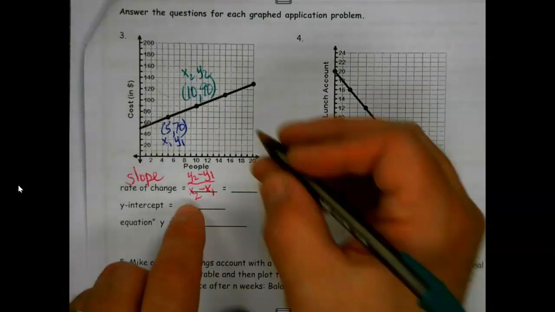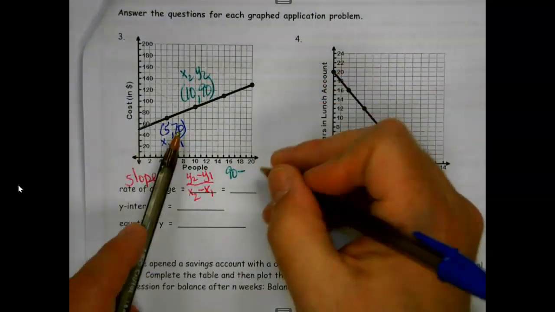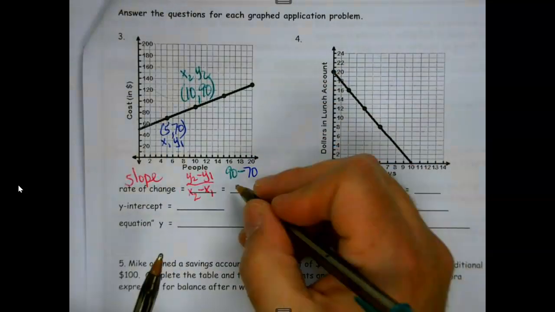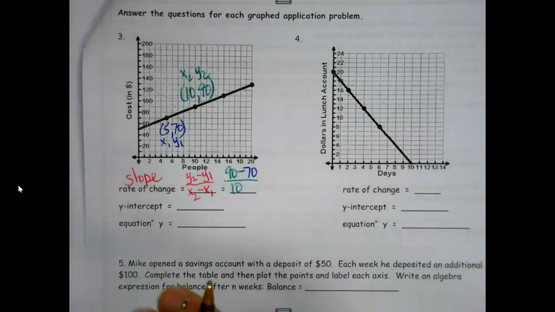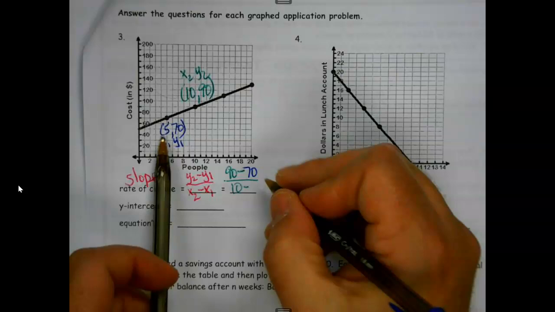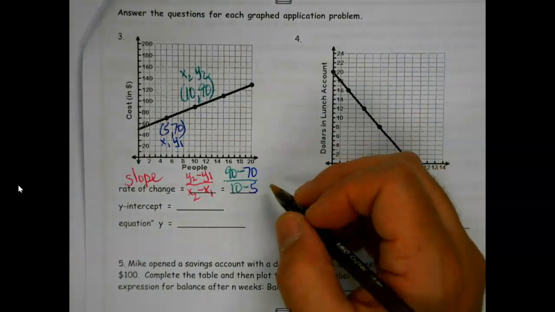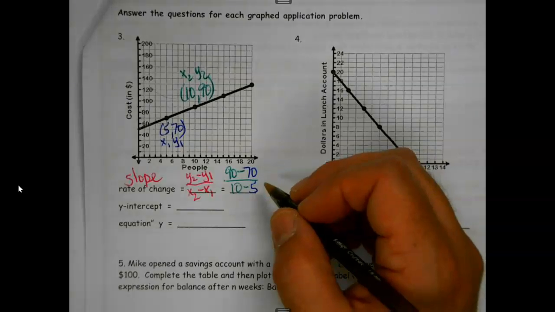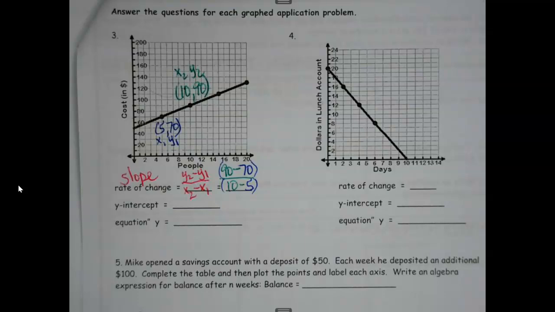So let's see. So y2 minus y1 over x2 minus x1. If you're going to go to the calculator, you're going to try and do this all at once, you've got to have parentheses around your numerator and denominator.